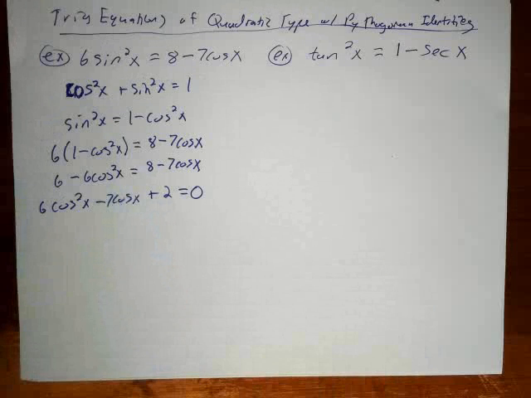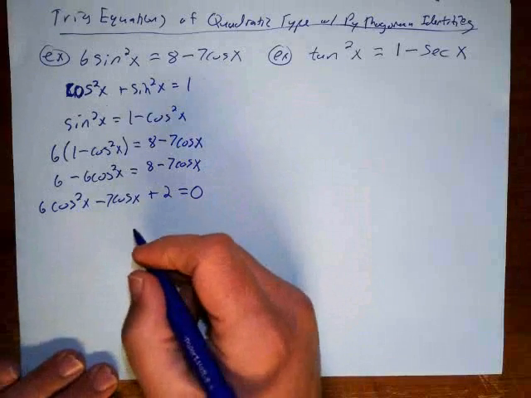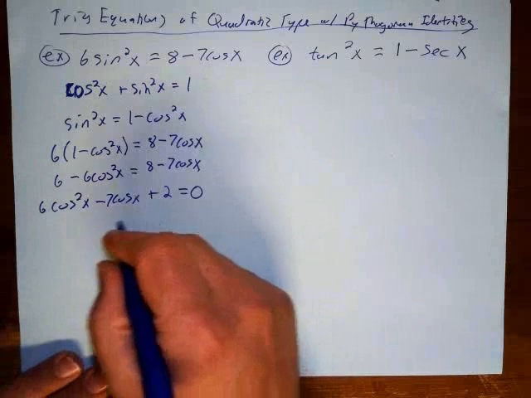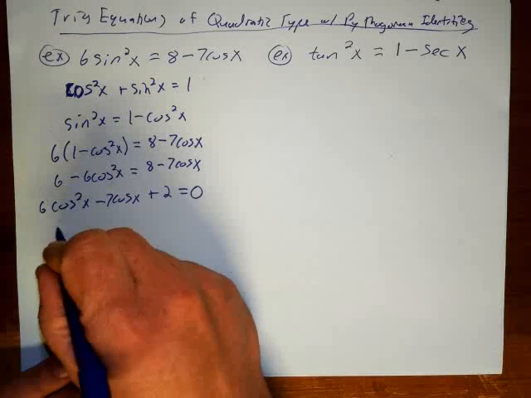I have an equation of the quadratic type, and I might be able to factor this, but I cannot remember. I don't think I can factor this. So what I'm going to do is use the quadratic formula to solve, and let's see what happens.